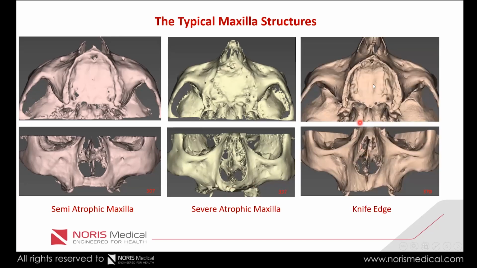And knife edge, where we have ridges which are very, very thin. They look high, but there is no possibility to, or there is sometimes possibility to put implants. But then we have to think whether that would be the best thing to do, or maybe to use a zygoma implant.